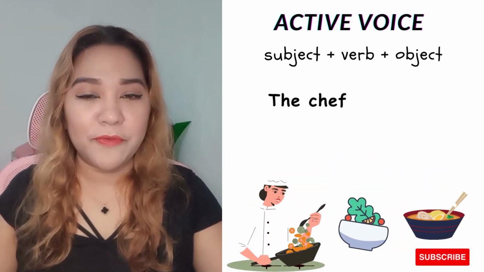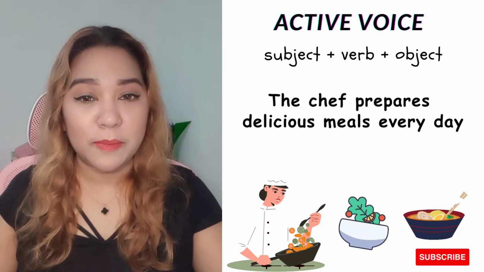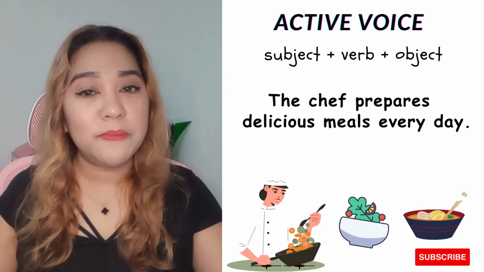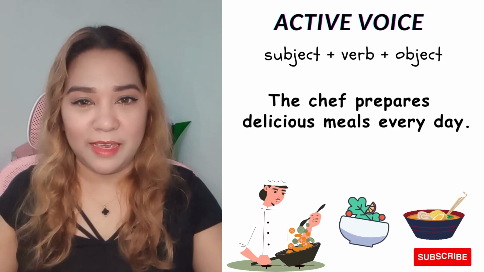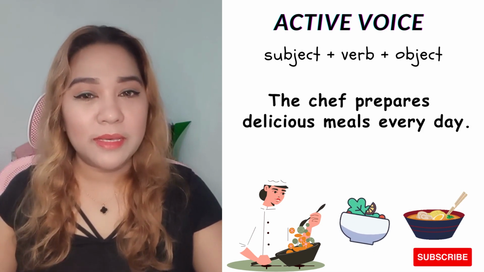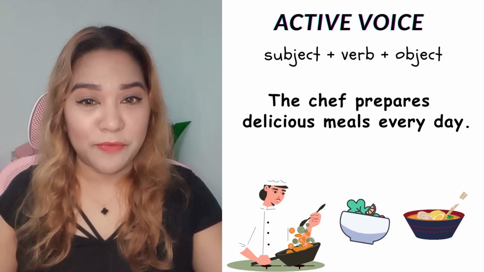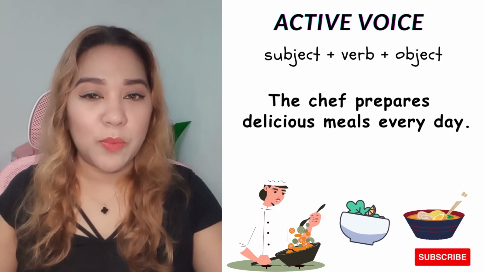Now let's have the third one. The chef prepares delicious meals every day. Okay, now in that sentence, what is the subject? The chef, okay? And then what is the verb?